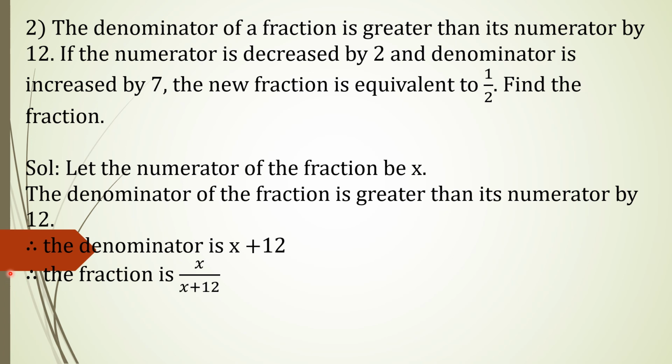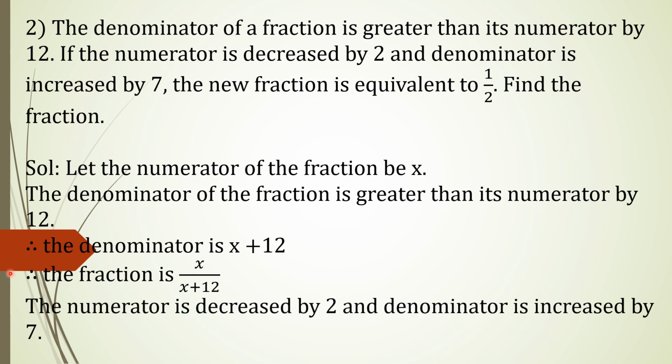Okay. Now student, what is the given condition? We'll use the given condition to form the equation from the mathematical statement. The numerator is decreased by 2 and denominator is increased by 7. So when numerator is decreased by 2, numerator we have taken x, so it will become x minus 2, and denominator is increased by 7.